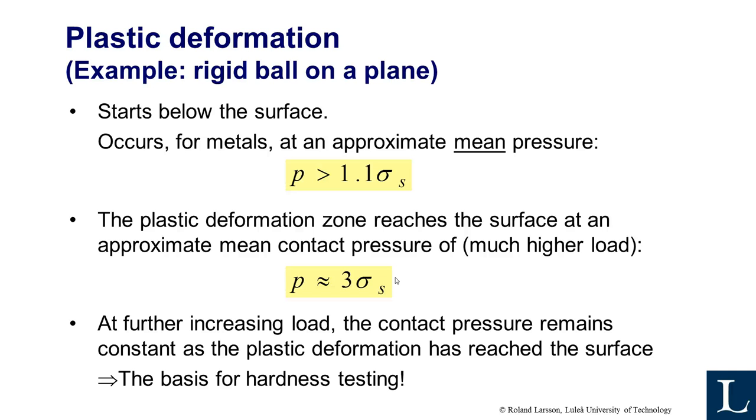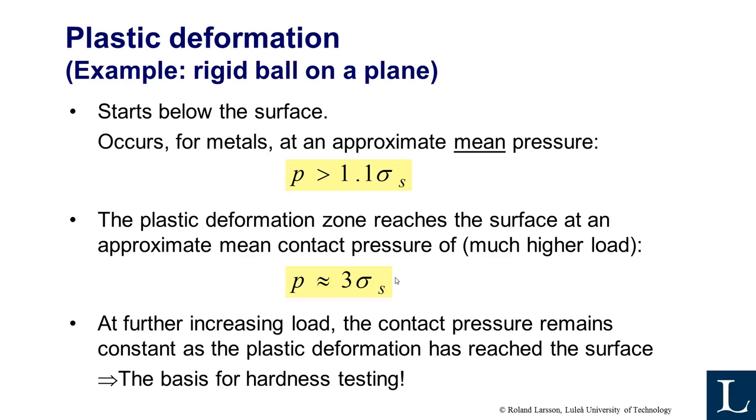Then when you increase the contact pressure more and more, this plastic deformation zone reaches the surface, and that happens at an approximate contact pressure of 3 times the yield stress.